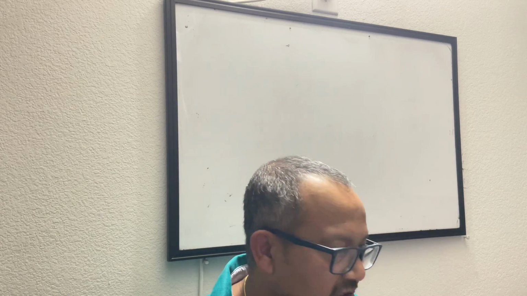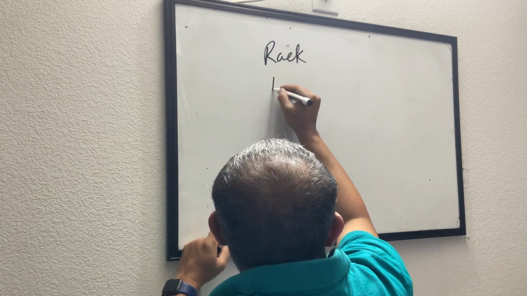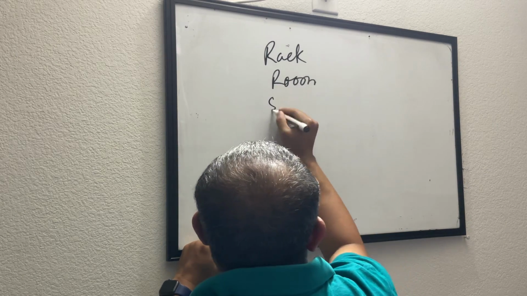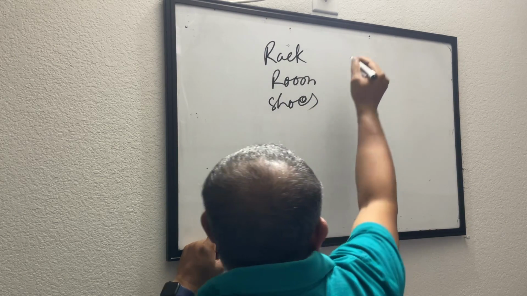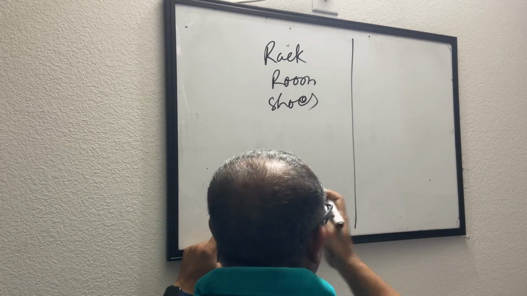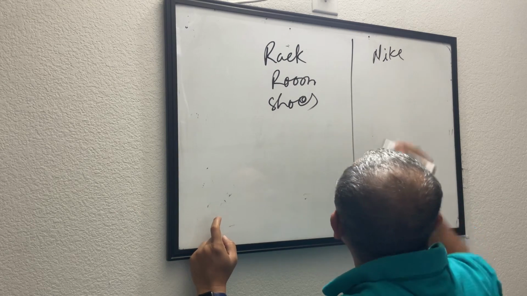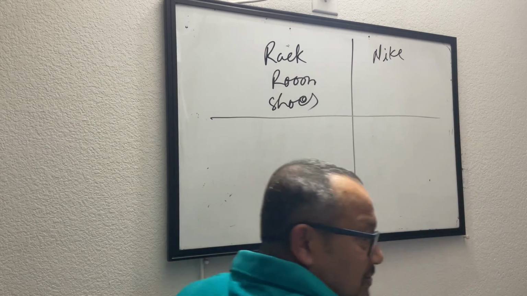There are two places from where you can buy a Nike shoe, either from Rack Room Shoes store or from the Nike showroom itself. You have two options. Rack Room Shoes is one store in the outlet or wherever you are living, and there are others, like the Nike showroom itself, the Nike factory outlet, whatever.